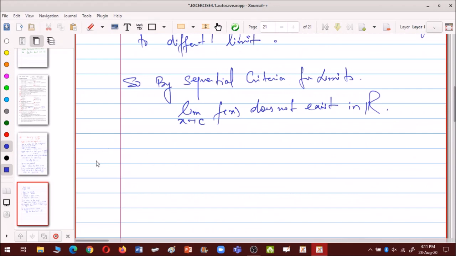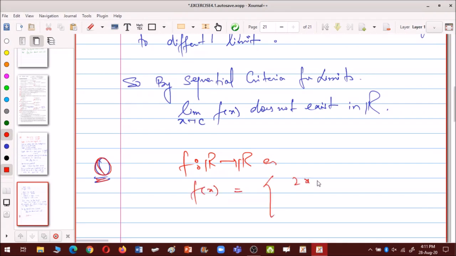Now I want to show how you do such types of questions. There will be other forms of such questions. So suppose I have been given another function f defined from R to R as f of x is equal to 2x if x is rational and x plus 3 if x is irrational.